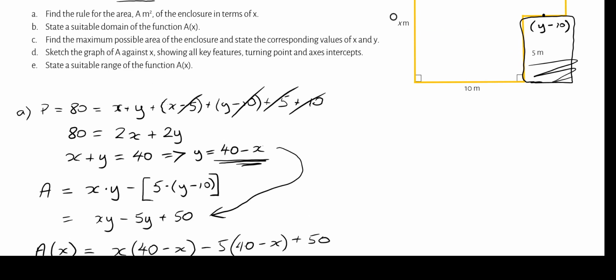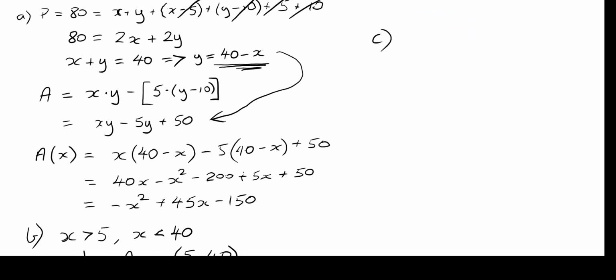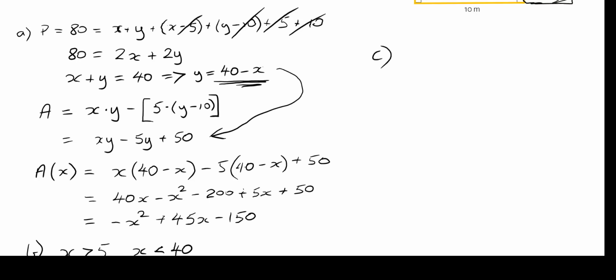Part C, find the maximum possible area of the enclosure and state the corresponding values of x and y. So for part C, you'll observe that this graph here, A of x, is essentially a parabola. It's a negative or an upside down or a frowning parabola. So in order to find its turning point, its maximum is located at negative b over 2a from its generalized form.